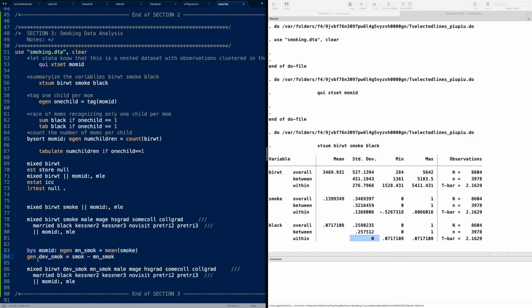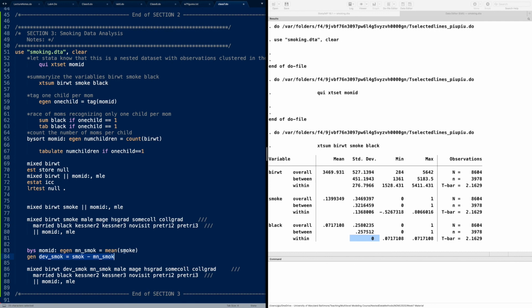And then I take the deviation from the mom mean. So this tells me how much the mom changed from their mean. If the mom smoked every time, this is going to be 0. If the mom smoked no time, this is going to be 0. If the mom smoked sometimes but not other times, the proportion of what they smoked relative to the individual observation would be the value here.